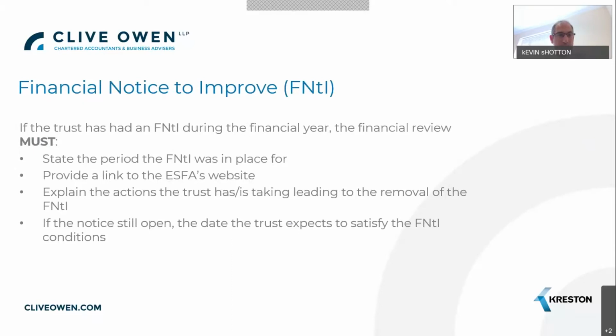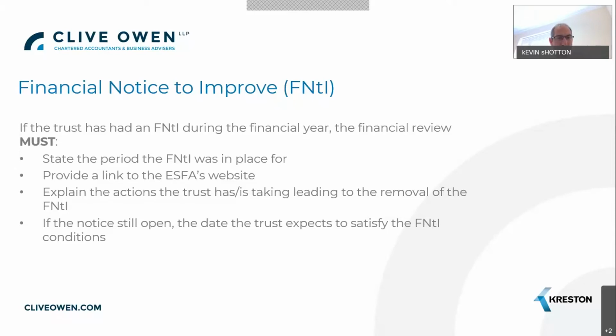Where that is the case, there are certain required disclosures that need to drop into the financial review, basically stating the period that the financial notice to improve is in place for, providing a link to it with details from the ESFA website, explaining actions that are being taken or will be taken in order to remove that financial notice to improve, and if it hasn't been closed, the date the trust expects to be free from that.